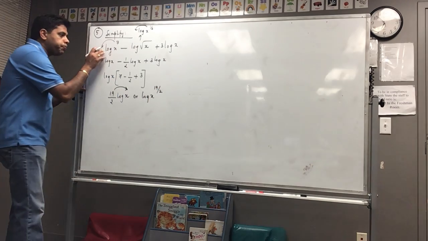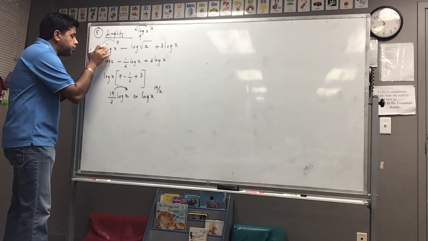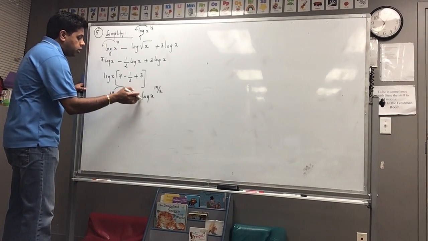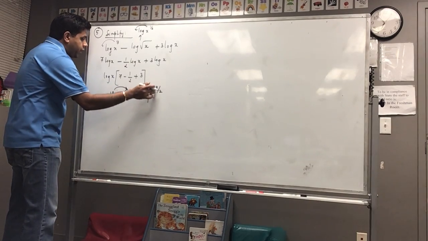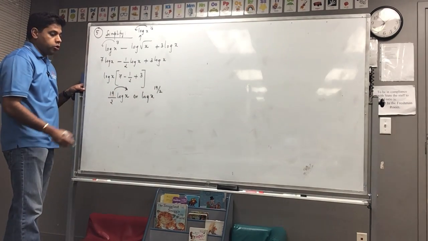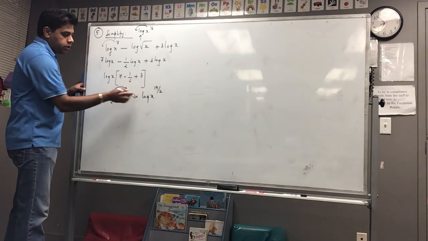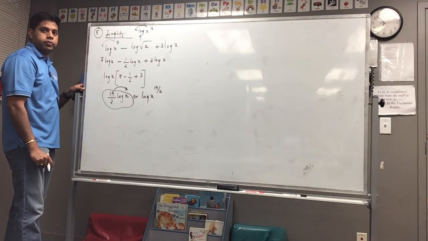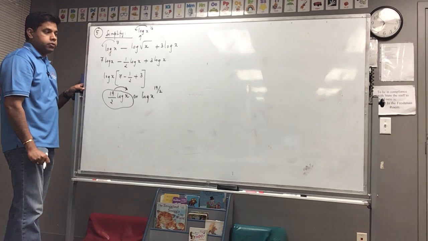Because remember the rule, log a raised to b is b log a, or b log a is the same as log a raised to b. I've not seen this, I've seen this for sure. Sounds good?